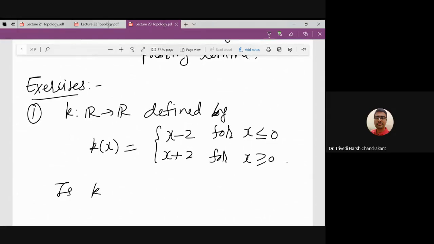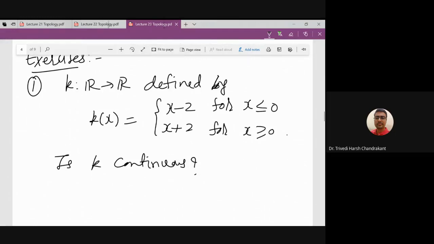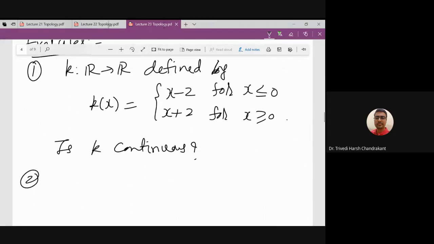Is K continuous? Just check whether, using the pasting lemma, we can say this or not.